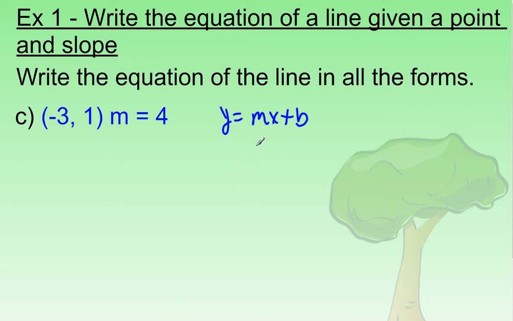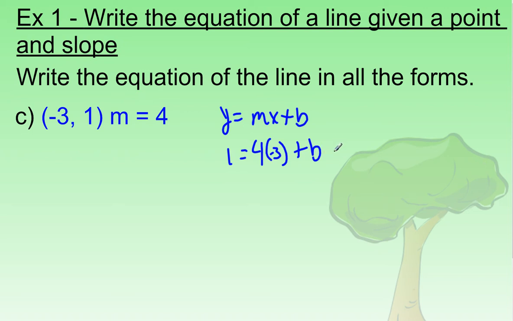Substitute. We know the slope is 4. Says so right here. X value is -3. Y value is 1. We don't know the y-intercept because it doesn't tell us that. So I wrote down the formula.